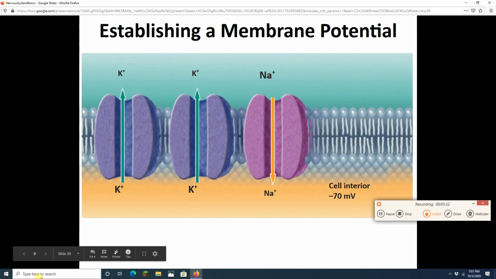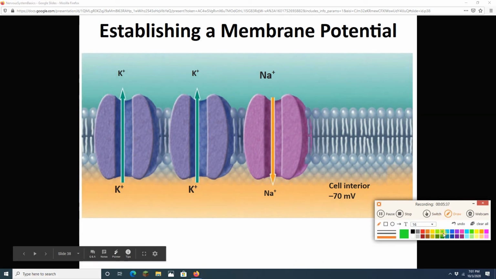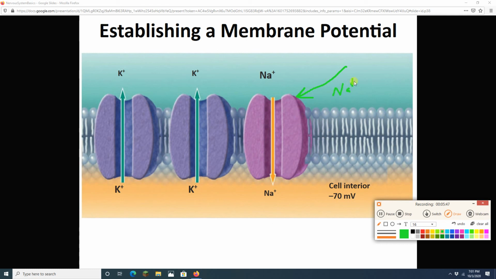So there are actually also another type of integral protein in the membrane of our neuron called the sodium leakage channel. That's a sodium leak channel right there. Now check out what sodium is doing. Sodium is going in. It's diffusing inward. And the diffusion of sodium inward brings a little more positive charge inside, which brings our resting membrane potential to that value of negative 70.